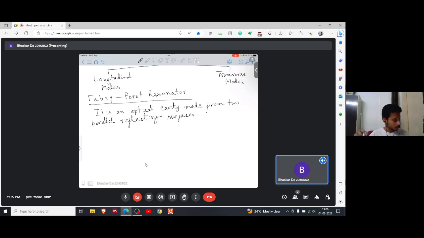So we expect that similar types of modes can develop within the laser cavity with similar boundary conditions, such that the electric field is zero at the boundary. Now, we'll start with the Fabry-Perot resonator.